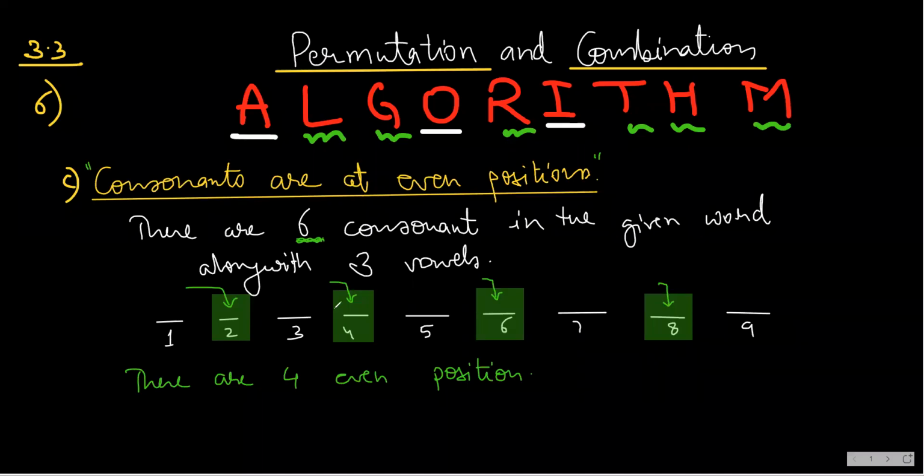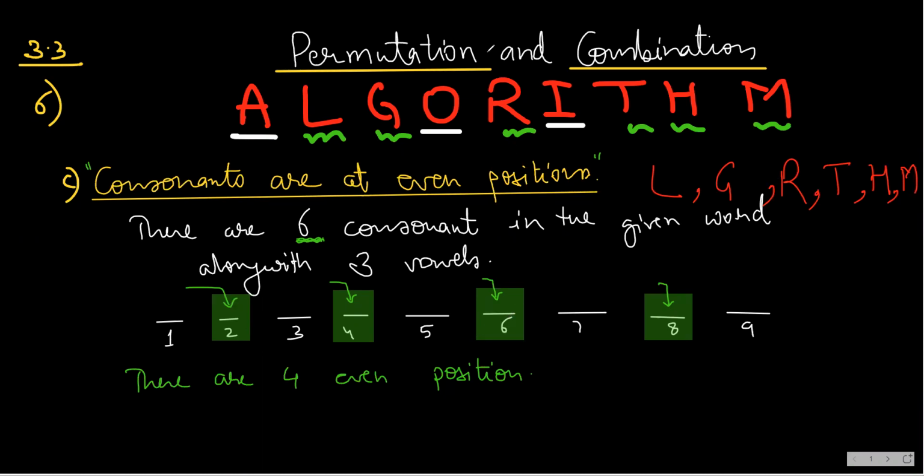So here there are 6 consonants. How can we arrange 6 consonants at 4 places? Okay. See, the thing is, we know that the 6 consonants that we have are L, G, R, T, H, and M. Now what will happen when you go for the arrangement of 6 consonants at even places?